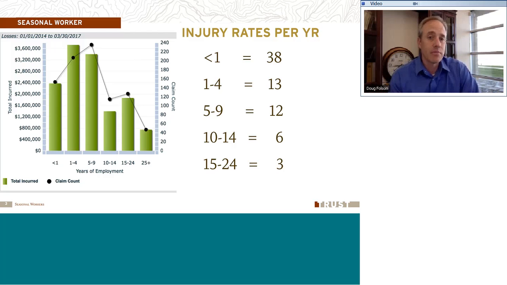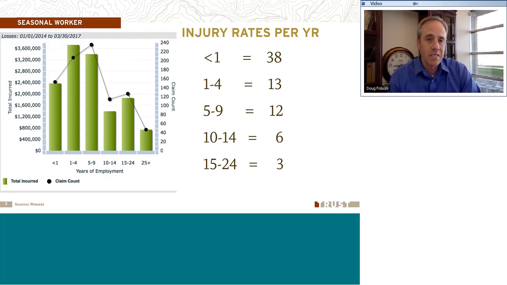When we get up to over 10 years, that 10 to 14 year category, then that 1 year employee is about 6 times more likely to have an injury. And when you look at the 15 to 24 category, that 10 year category, your brand new employee is actually 12 times more likely to have an injury than an employee who's been with you 15 to 25 years.